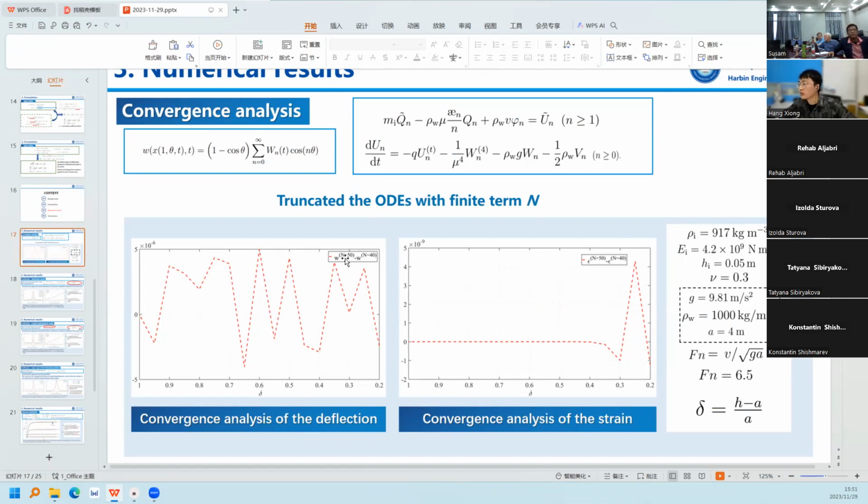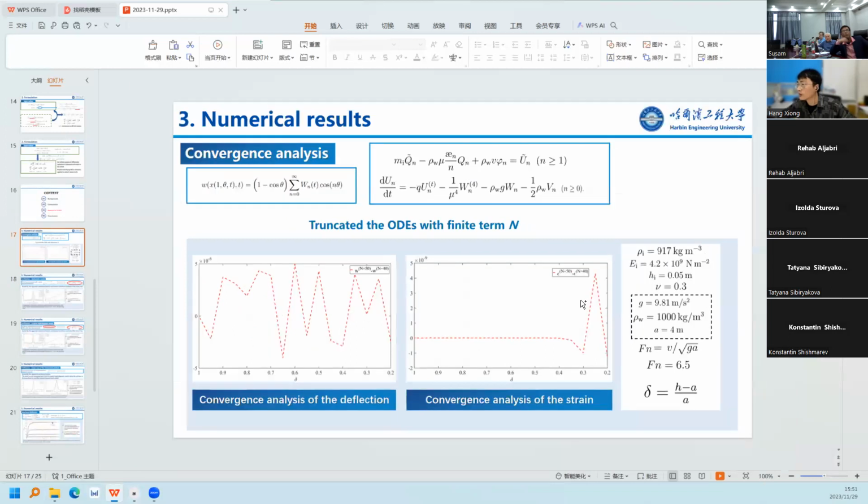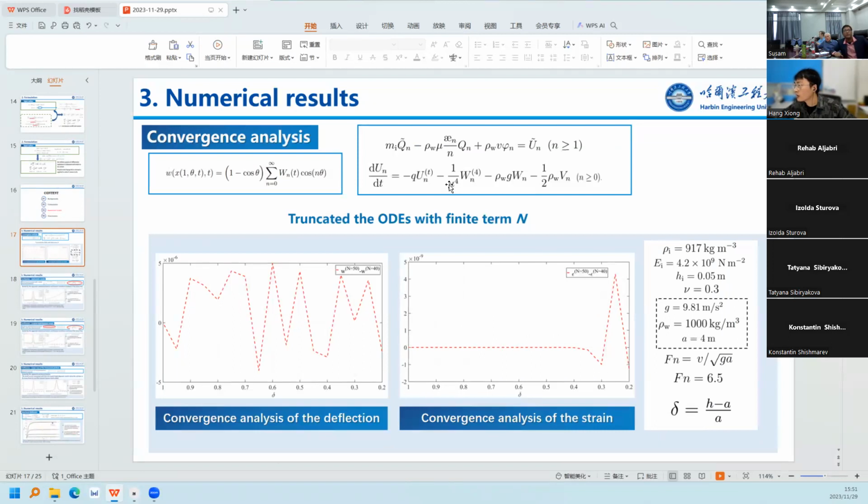It's 19. Okay. What is mu in your formulation? On top, W n 4 by mu to the power 4. What is that mu? Go to the formulation. Do you mean the potential parameter mu? Yes, that mu.